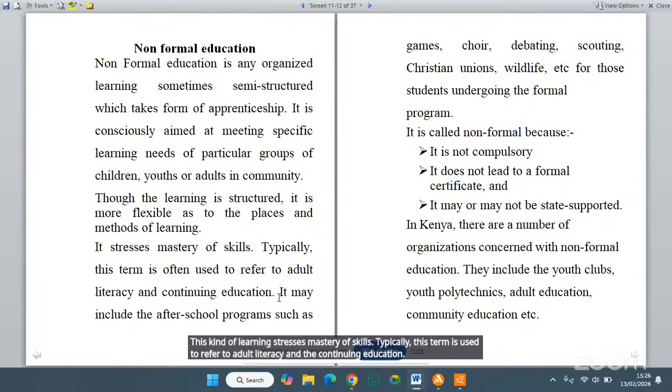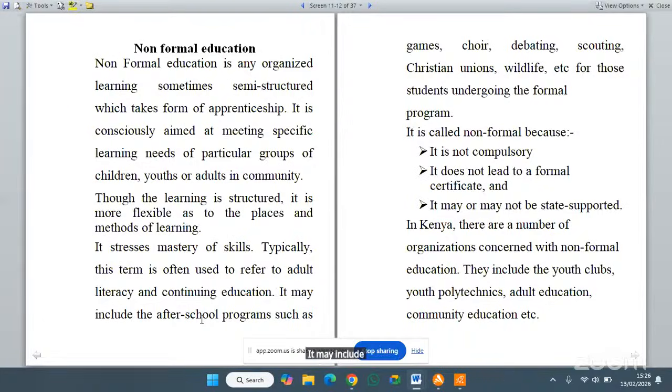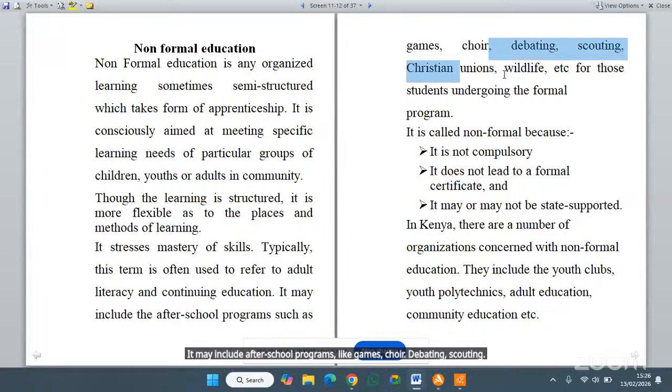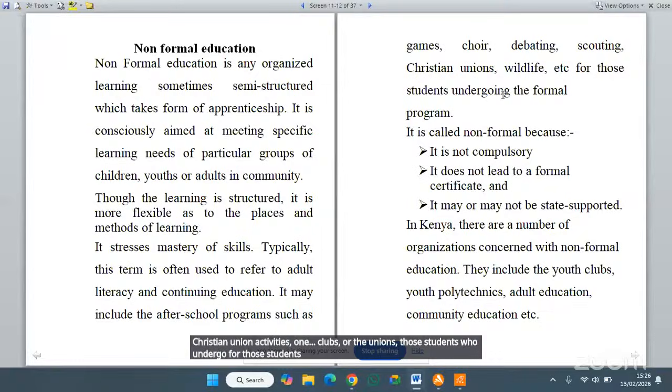It may include after-school programs like games, choir, debating, scouting, Christian union activities, wildlife clubs or unions. For those students in formal education systems, these kinds of activities constitute non-formal programs.